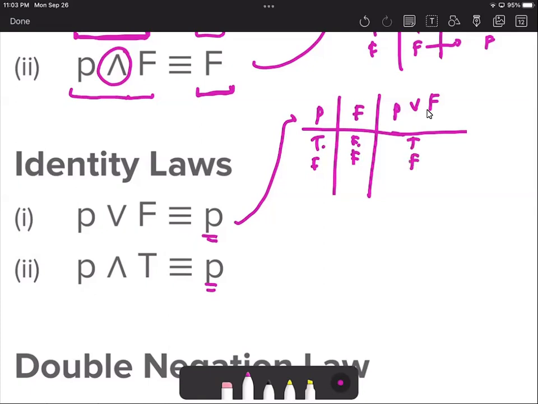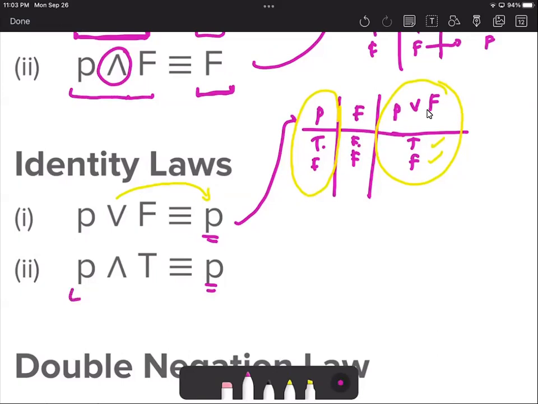So the other one is false. And we can see that the truth values of P, which are both true and false, is similar to the truth values of P or false, which also results to true or false. Okay, so we can say that this identity law is valid and correct.